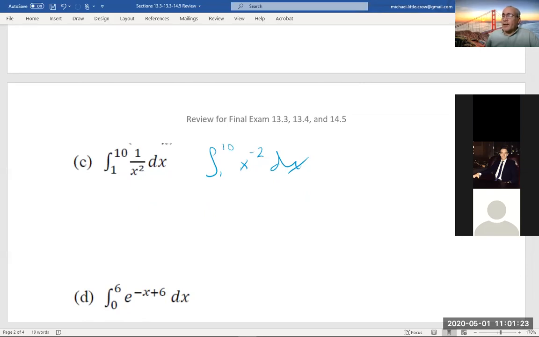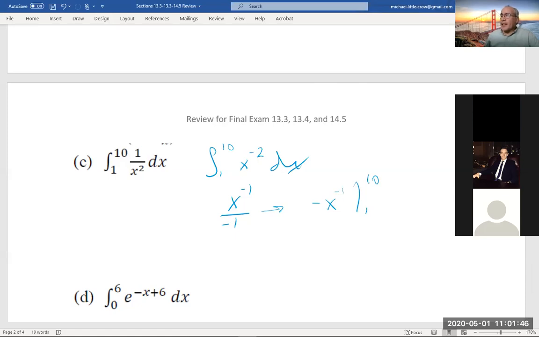But let's integrate this, add 1 to the exponent. So that gives us x to the minus 1, and then divide by that new exponent. So our answer is going to be negative x to the negative 1. And it's going to go from 1 to 10.